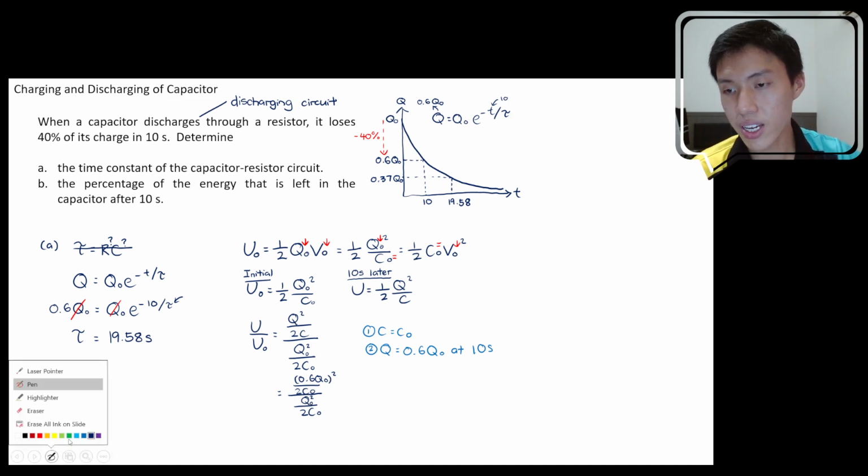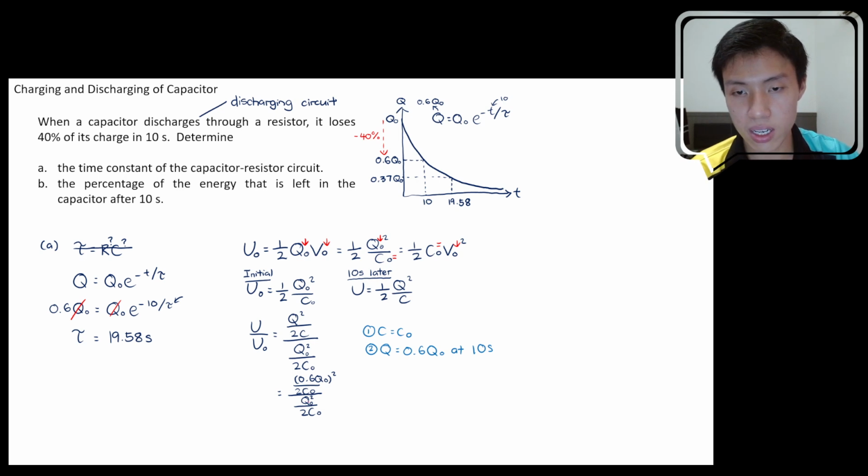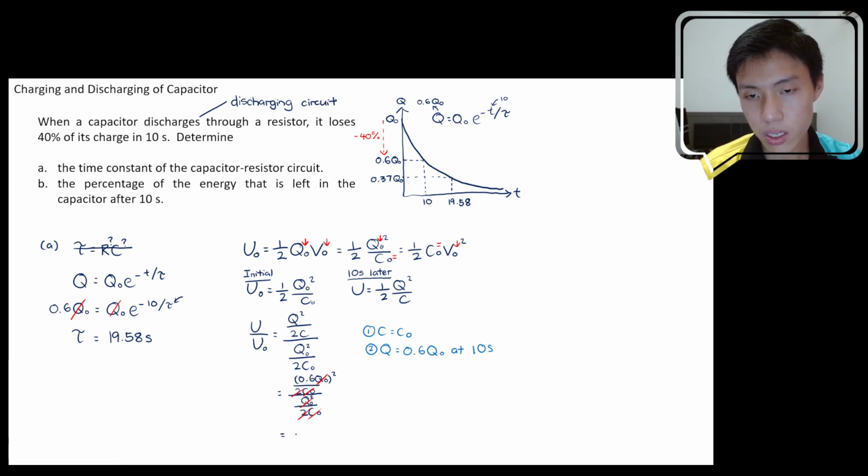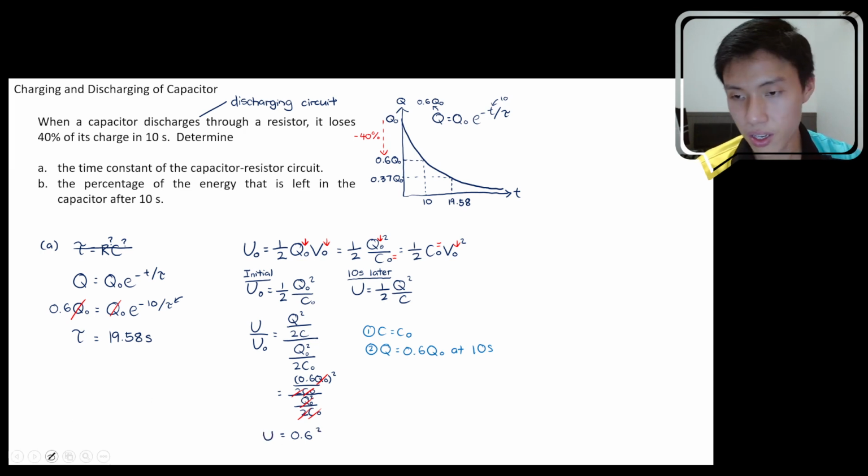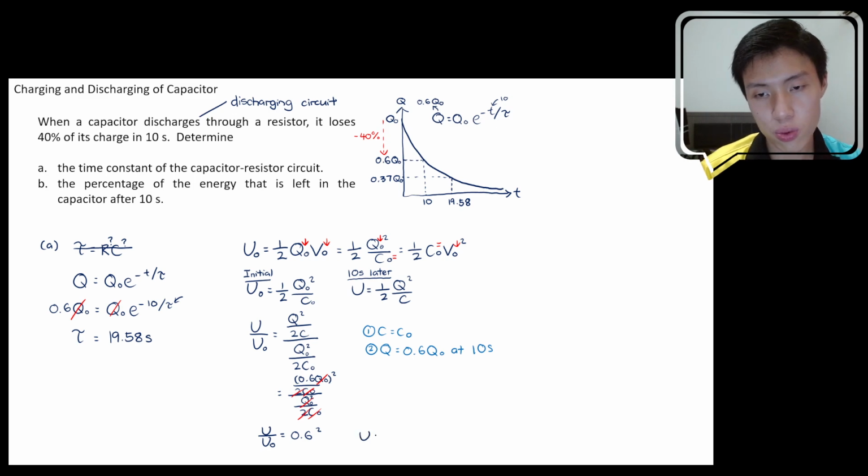If you write it like this, I believe you can see that many things can be cancelled out. The Q squared cancels with the Q naught squared, and the C naught and the 2 cancel with the 2C naught at the bottom. What's left is just 0.6 squared. So U over U naught equals 0.6 squared, so U will be equal to 0.36 of U naught.